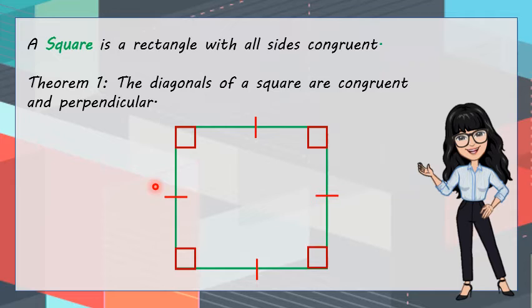Remember the second theorem on rectangle states that the diagonals are congruent. And then for the rhombus, we have the diagonals are perpendicular. So since a square is a rhombus and a square is a rectangle, then the property would be the diagonals of a square are congruent and perpendicular.